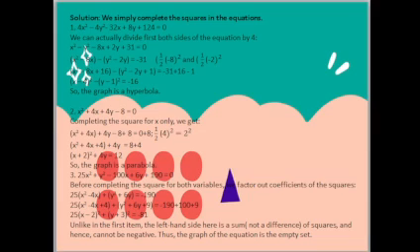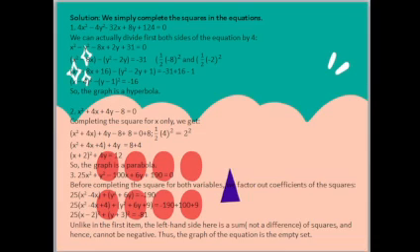Since the first group with variable x, we have x squared minus 8x. And the numerical coefficient of x is negative 8. So we need to get the half of negative 8, and that is negative 4. And we need to square it. So negative 4 squared, or negative 4 times negative 4, is positive 16.